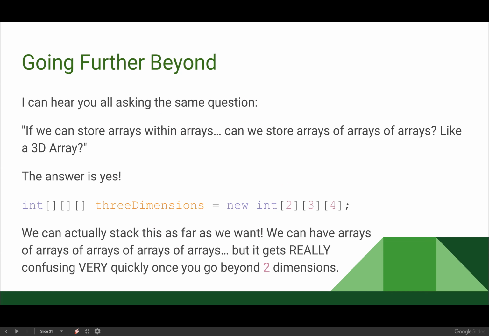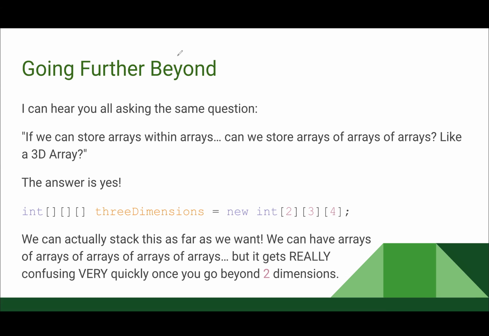Now, a couple of additional points that I didn't include in my slides. We can absolutely do this with array lists as well as with arrays. So if I want to make an array list of array lists, you would say you want an array list, and the type that you're going to store is an array list of whatever type.